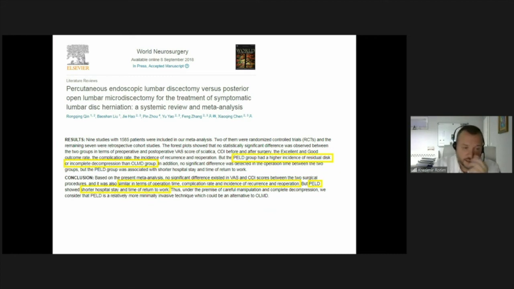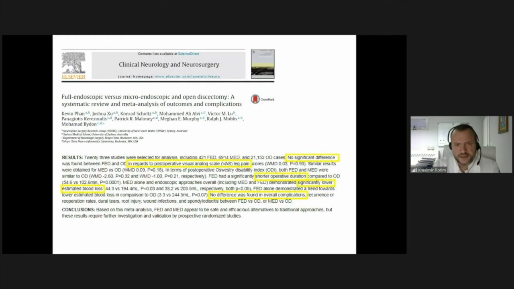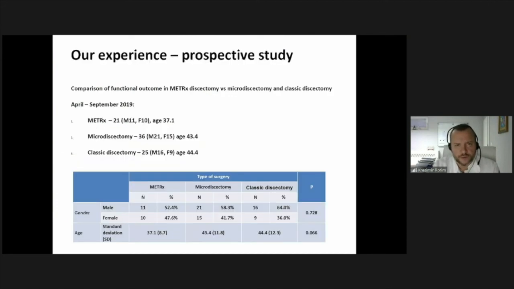And of course, a shorter hospital stay and shorter time to return to work is achieved. Again, no difference was found in overall complications between the lumbar microdiscectomy and endoscopic discectomy.